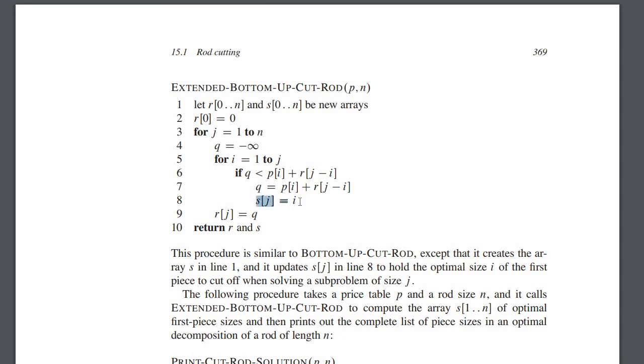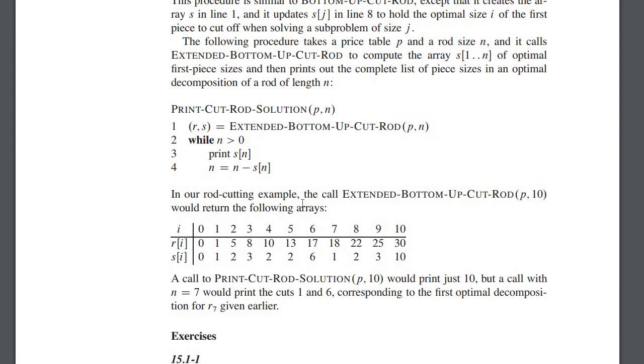You can see that there is another array S which is keeping the value of j as an index, and it keeps the value of i, which is the size of the rod which we are cutting, and then we can print the value of S as the size. We can use another small algorithm simply to print the values of the S array.